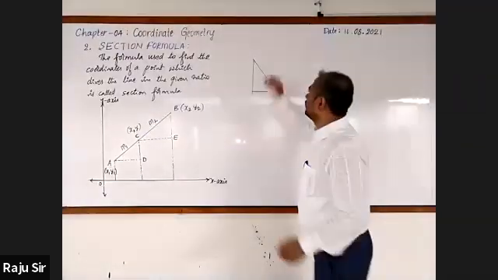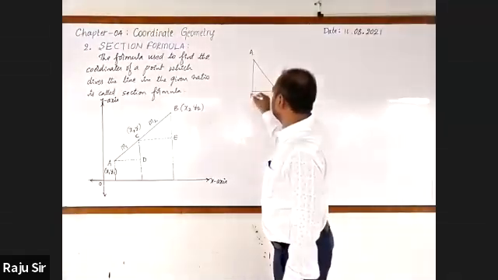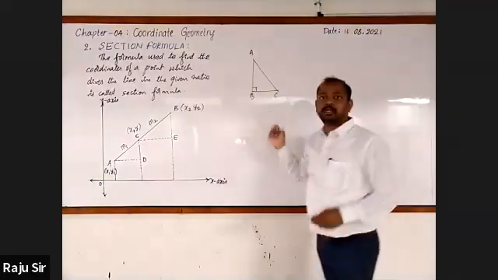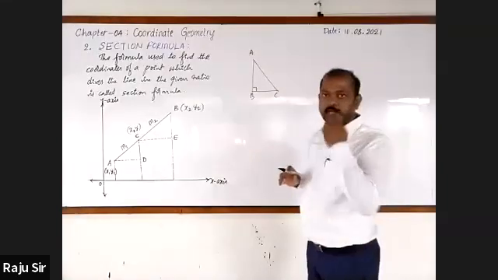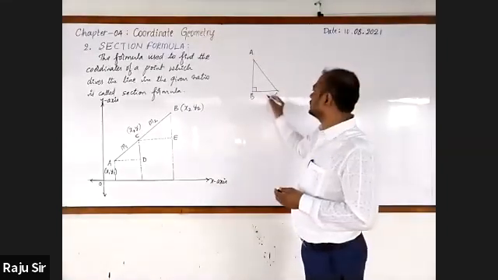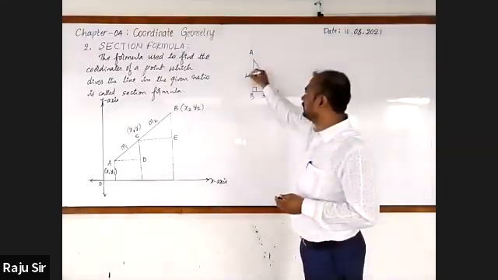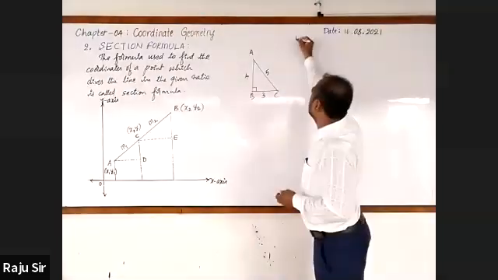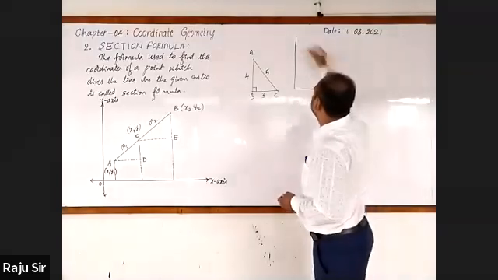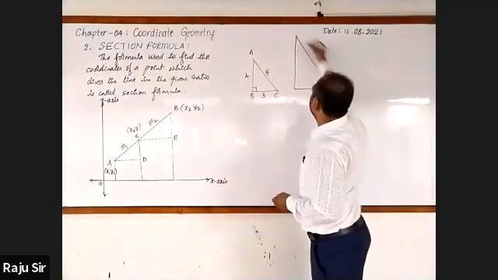Now, here I am taking a triangle ABC. Could you tell what type of triangle it is? Right angle triangle. Let me take the sides as 3 centimeter, 4 centimeter, 5 centimeter. I go for taking another triangle PQR.